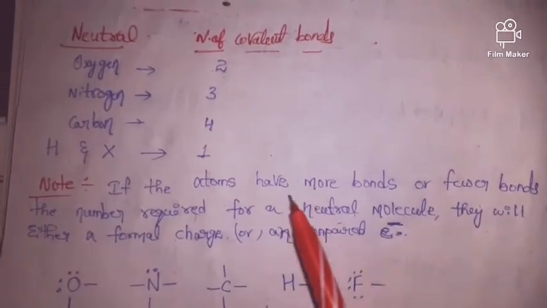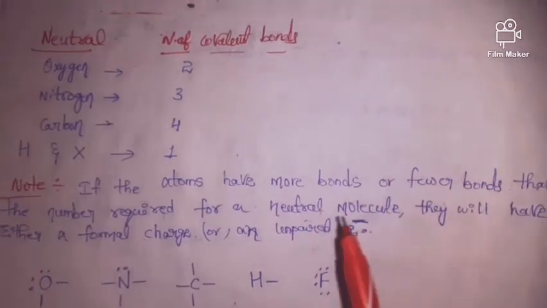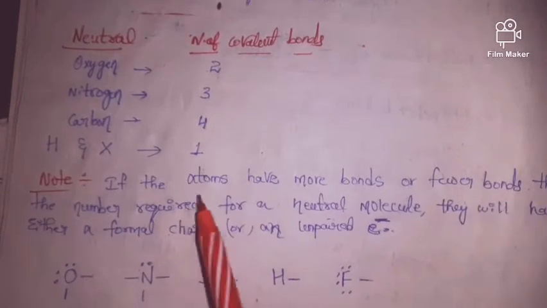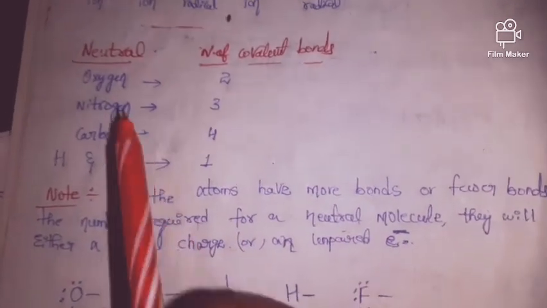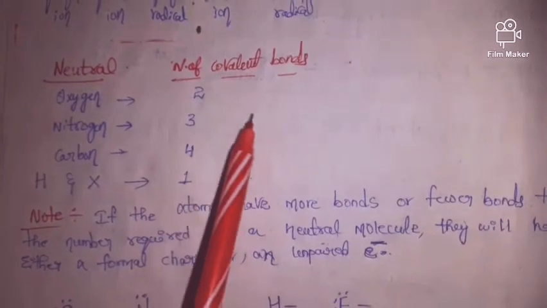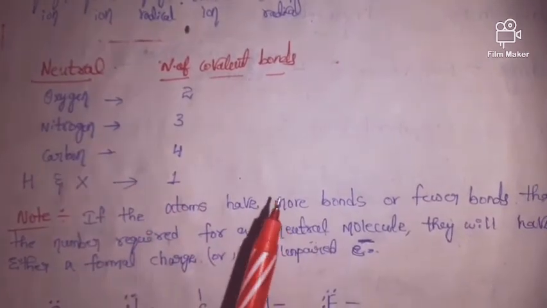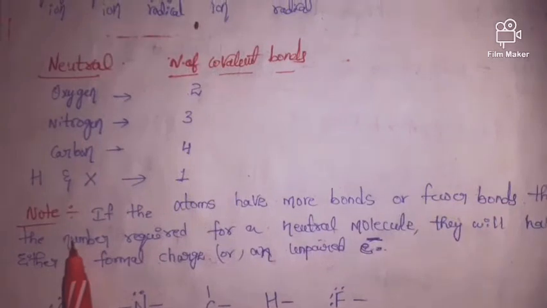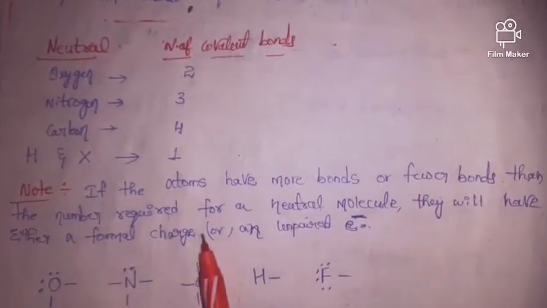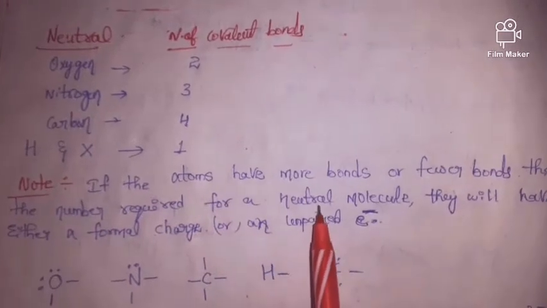So if the atoms have more bonds or fewer bonds than the number required for a neutral molecule, then they will have either a formal charge or an unpaired electron.